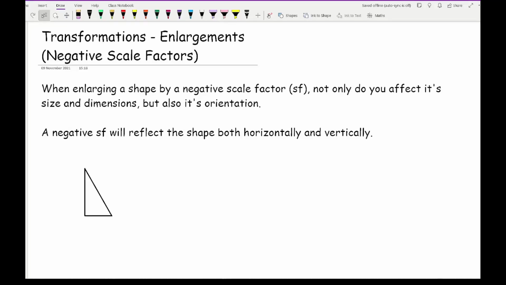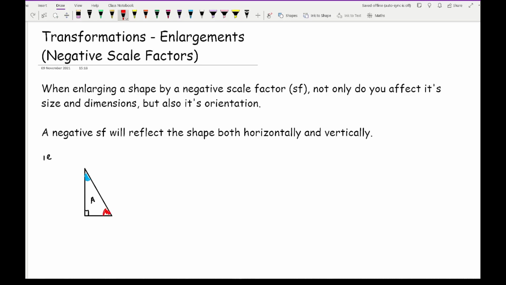Now, when enlarging a shape by a negative scale factor, not only do you affect its size and dimensions, but you also affect its orientation. A negative scale factor will reflect the shape both horizontally and vertically. So, for example, if we took this shape here, which we'll just call A, and I've got my right angle, and I'm going to colour in this top angle, and I'll colour this angle here.